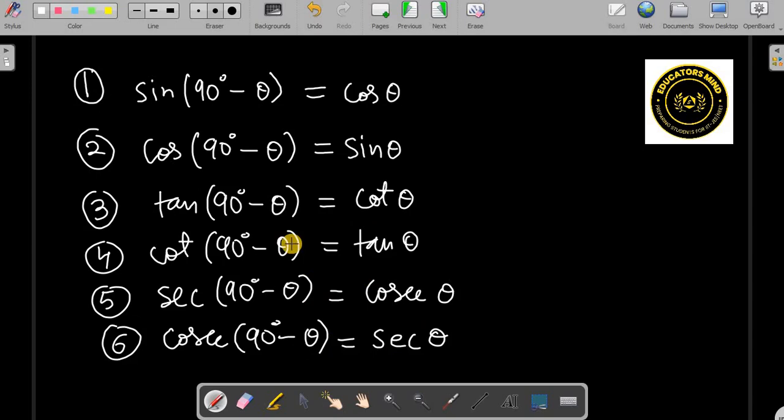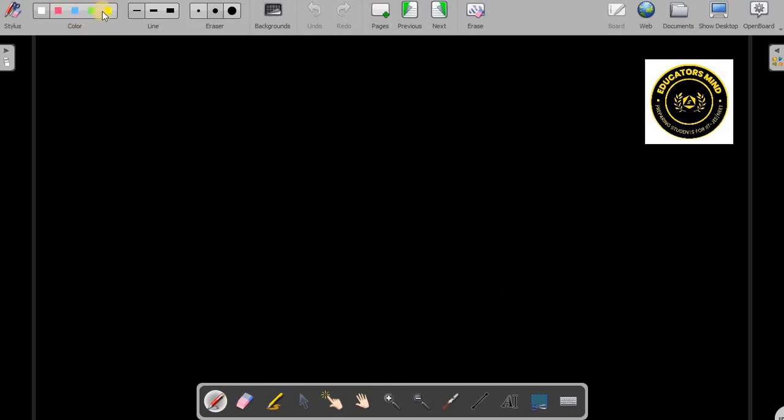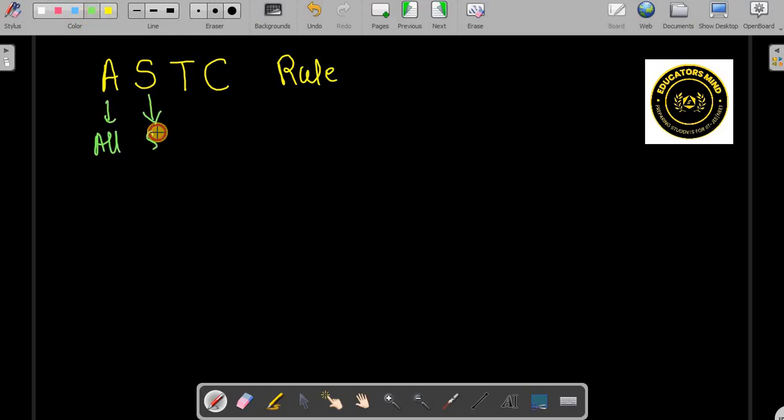The general rule is important because we can convert for any angle in any quadrant. Let us see that rule, which is called all sine tan cos. A refers to all, S refers to sine, only sine.